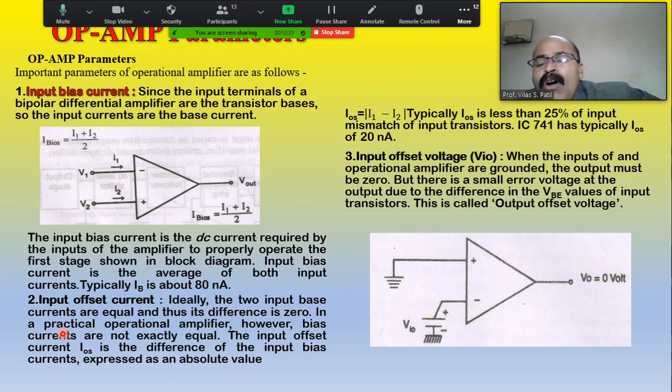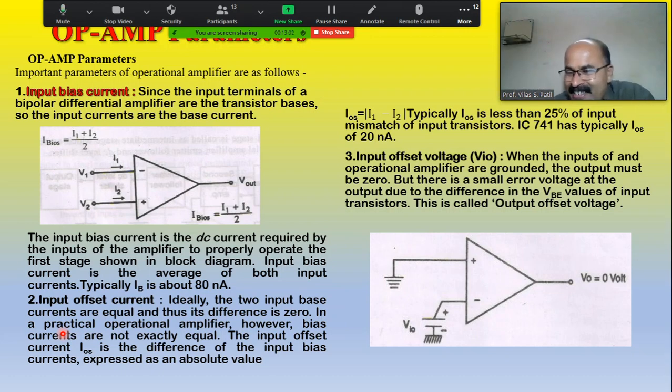But there is a small error voltage at the input due to the difference in the VBE value of the input transistors, and this is called the input offset voltage. We have to give the input offset voltage to make the output offset voltage zero.